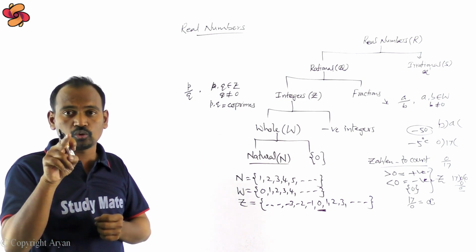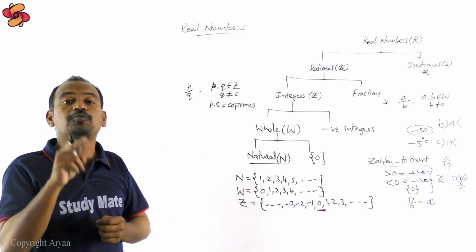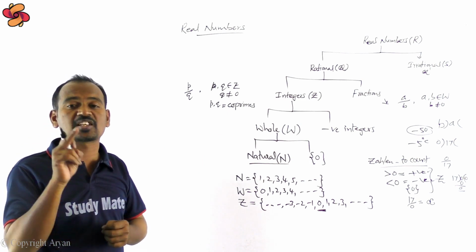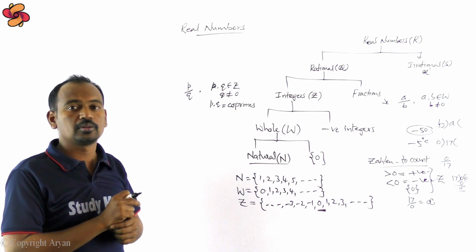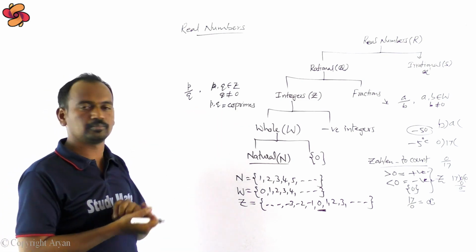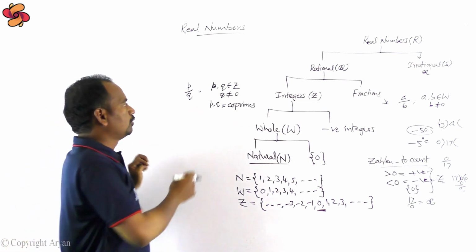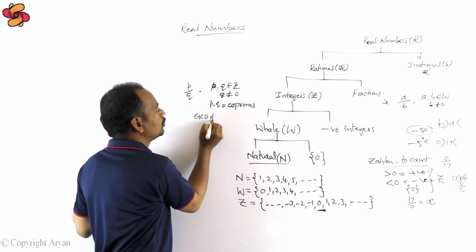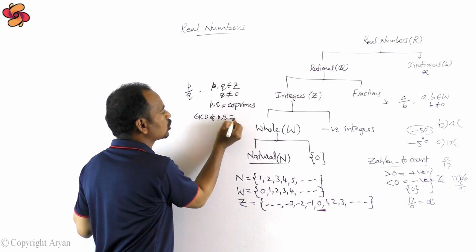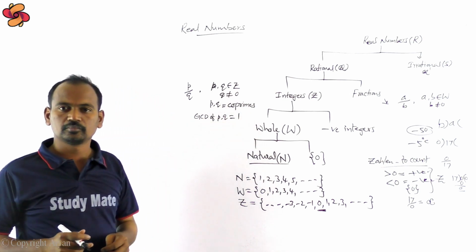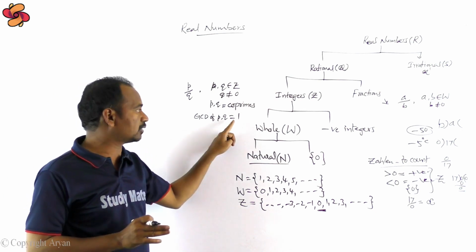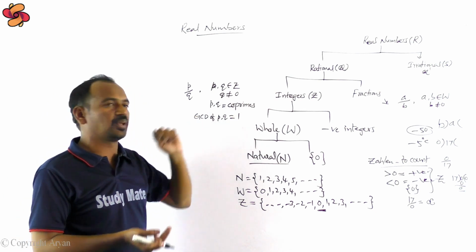That's why I am telling you in the definition itself. Or else, we can tell this condition like this: the GCD of P, Q must be 1. Whenever the GCD of a pair of numbers is 1, they are called co-primes.